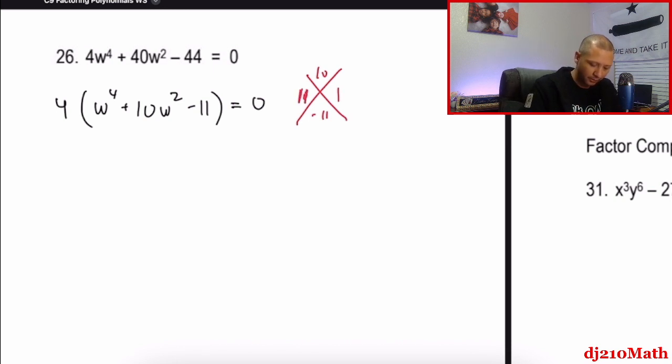Which one gets the negative sign? Well, we look here. Since that's positive, that means the big number is going to be positive. So the smaller one will get the negative sign. W to the 4th plus 11 w squared minus 1w squared minus 11.